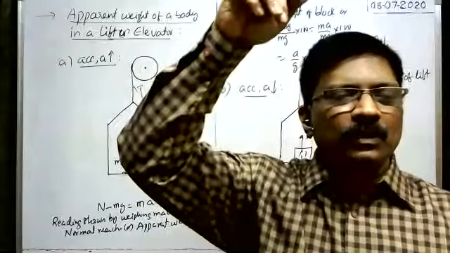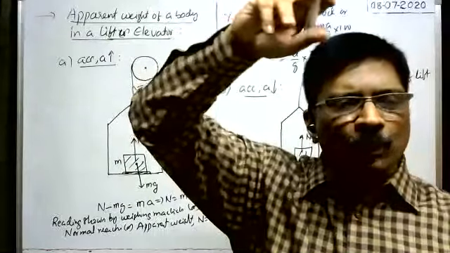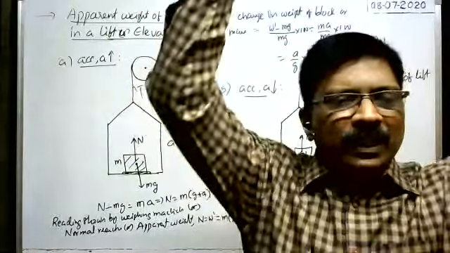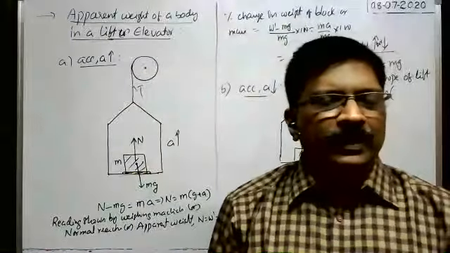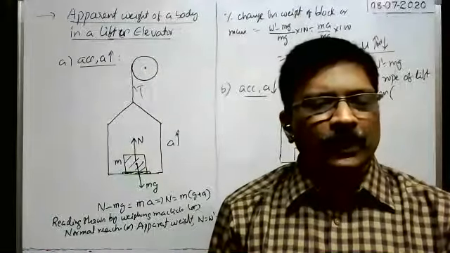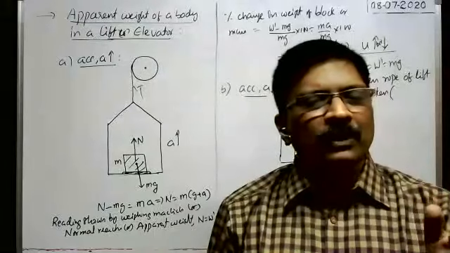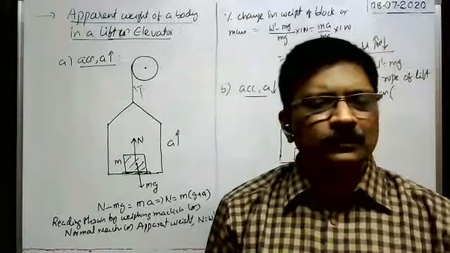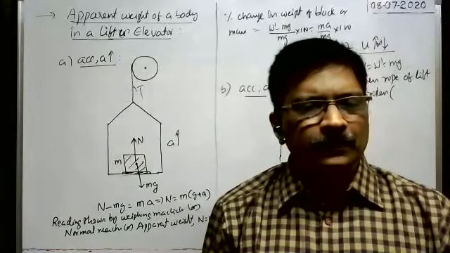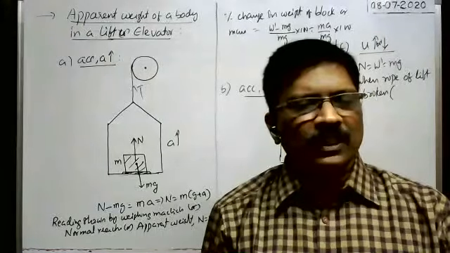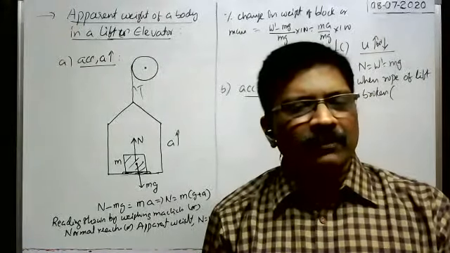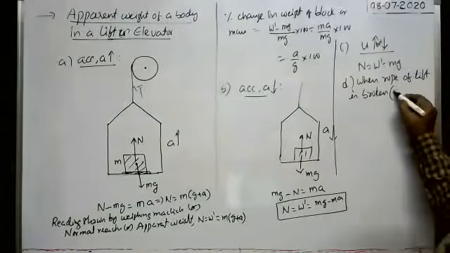The rope hanging the lift breaks, and immediately the whole lift falls down. So the lift behaves like a freely falling body. In case of a freely falling body, with what acceleration does the lift come down? You mentioned acceleration due to gravity. Okay, that's why a is equal to g.